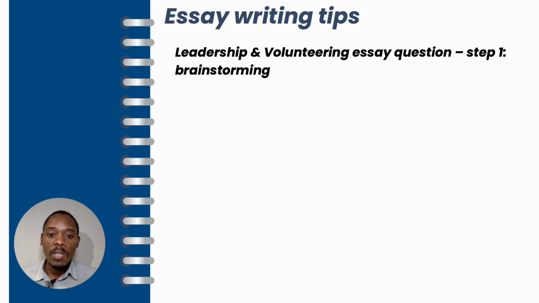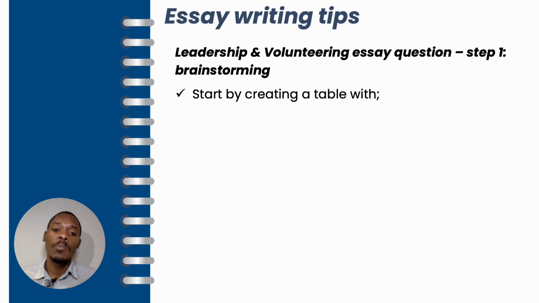So the first thing that you need to do, again, before you answer this essay question, is to do brainstorming. It's very important because you may be a well-experienced person, you have different leadership experience, you have different voluntary experience. So it's important that you brainstorm before you write this essay.